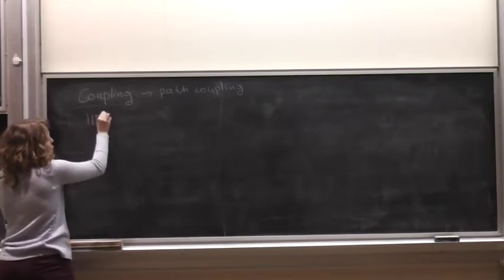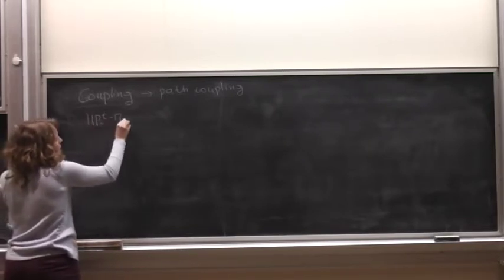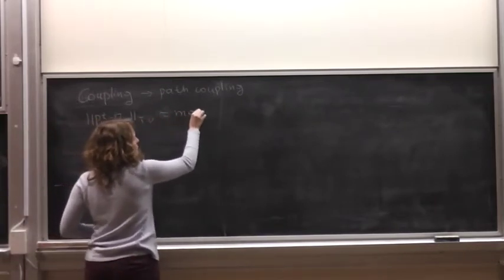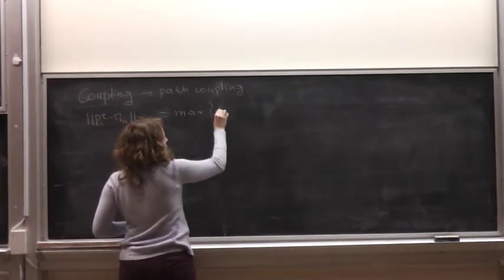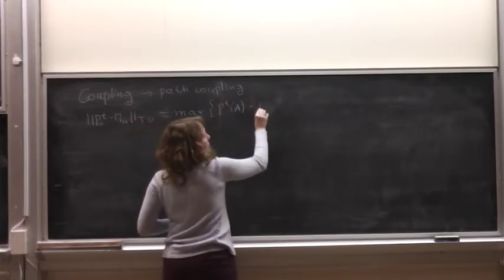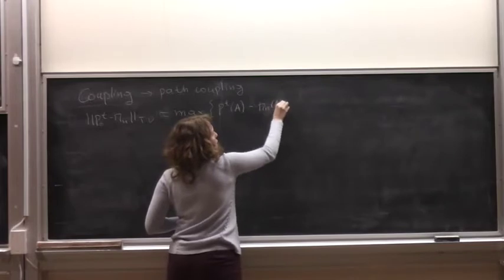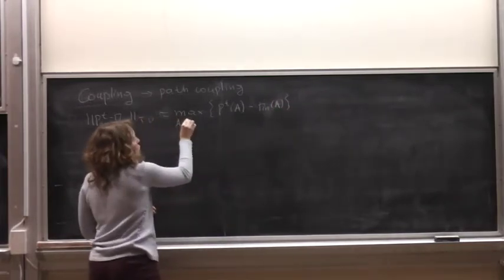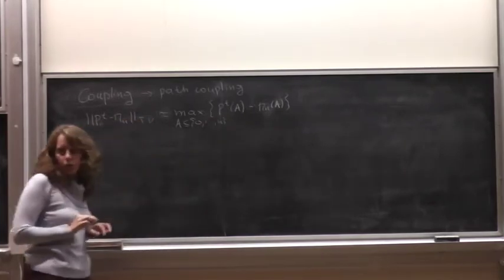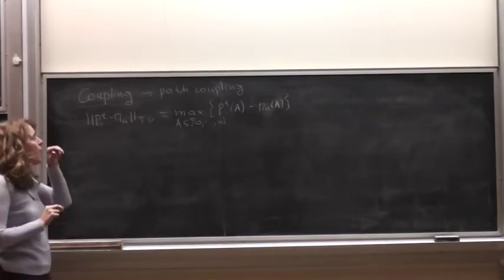So the total variation distance is the maximum of all sets, subsets of 0 through n. Okay, so this is what we were studying.